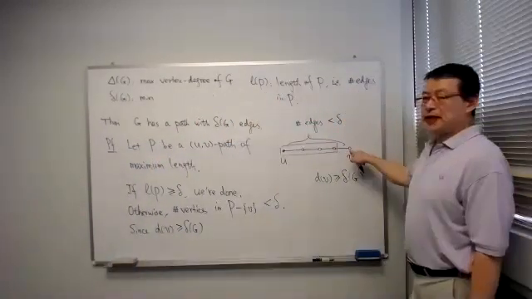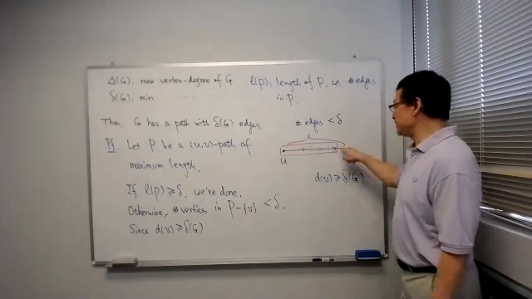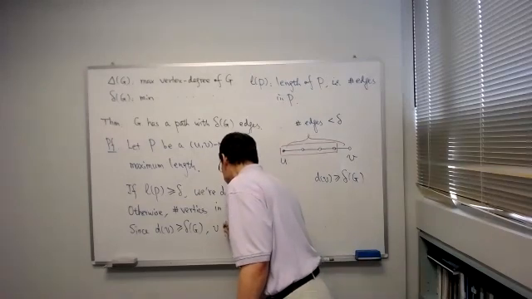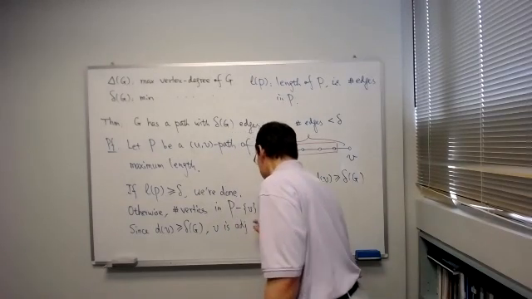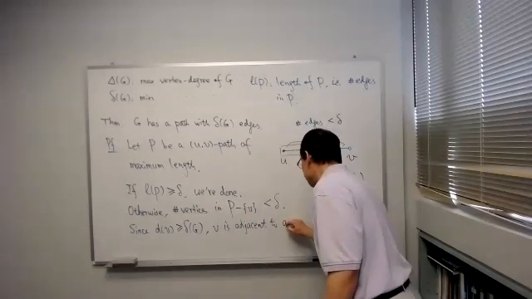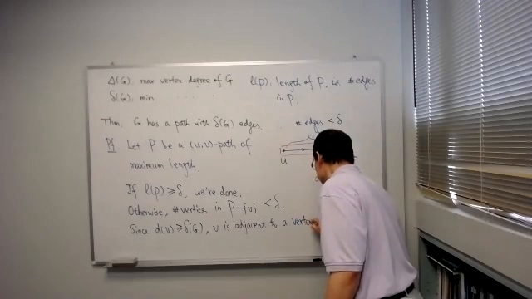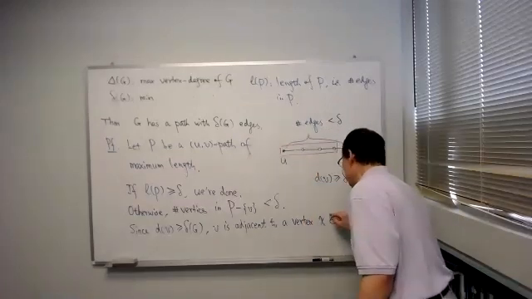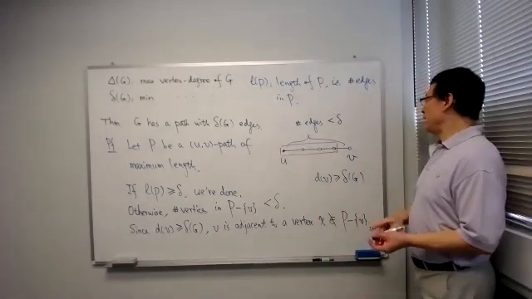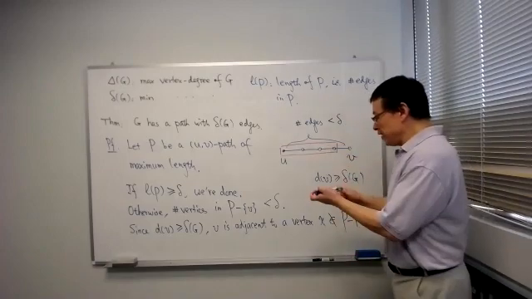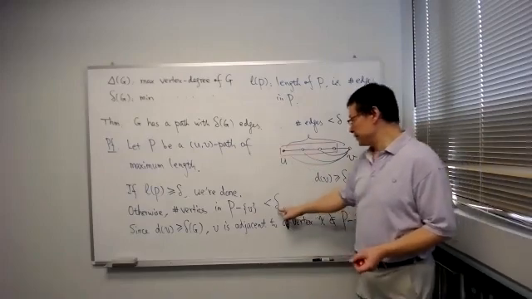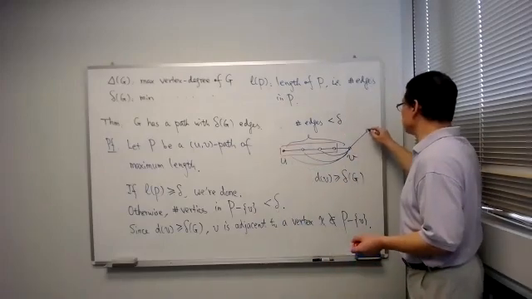Now this vertex must be adjacent to at least one vertex not inside here, not belonging to this part. So even if it is adjacent to everyone here, it's not good enough, right? Out there is smaller than delta. So this one must be adjacent to a vertex.